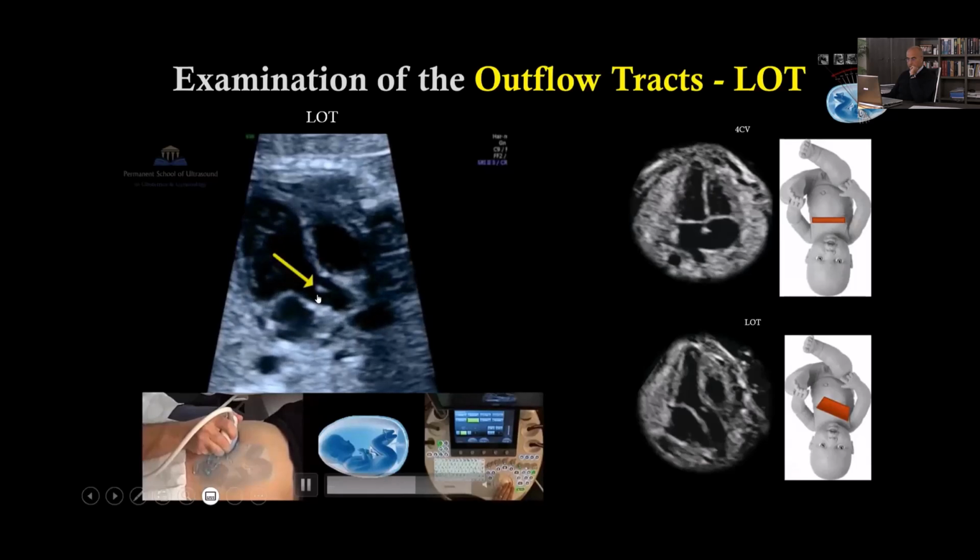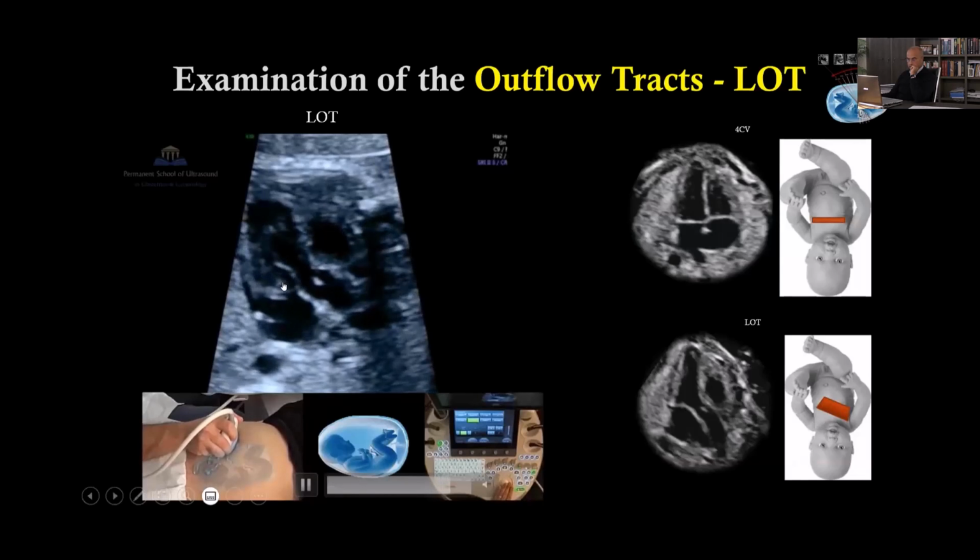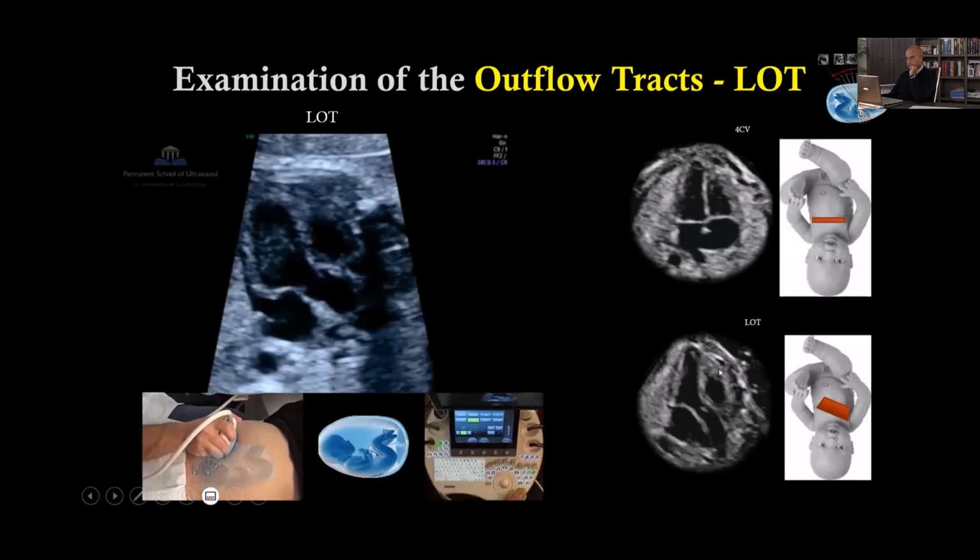You can see the appearance of the aortic valve during diastole, the mitral valve that is opening now, and during systole, the mitral valve is closing and the aortic valve is opening. So, with this simple, very thin movement, you can get the left outflow tract.